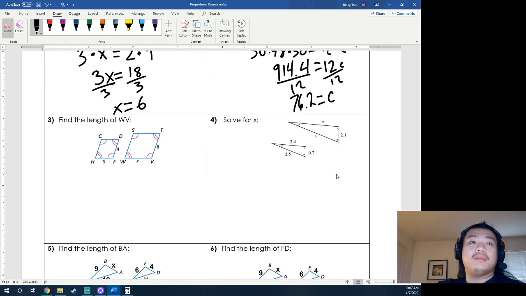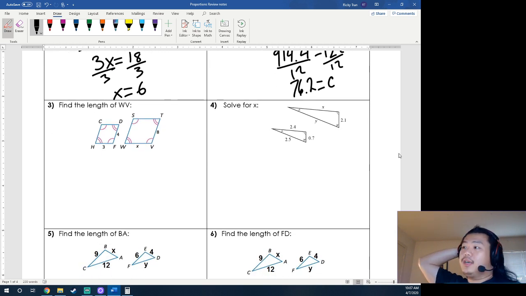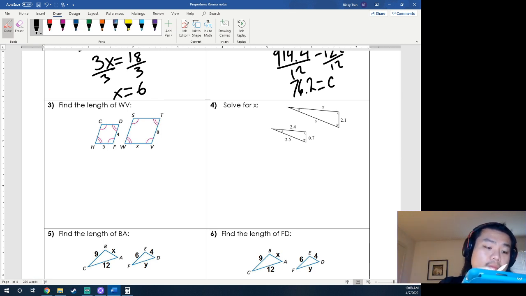Now we have to set it up. When we're setting it up, we have to make sure we are matching our corresponding sides. There has to be a horizontal relationship, top and bottom, and then a vertical relationship. So right here we have 3 over x, and that's going to be equal to 4 and 8.